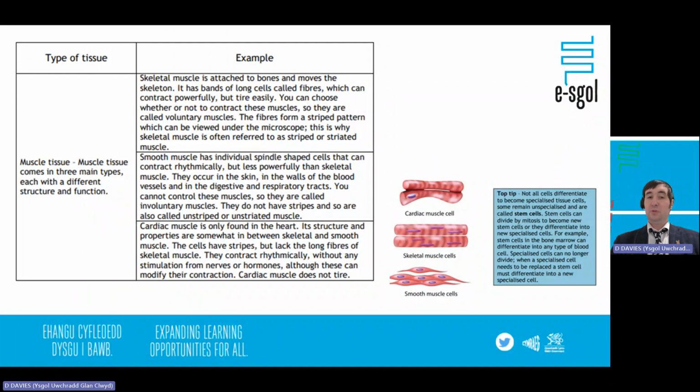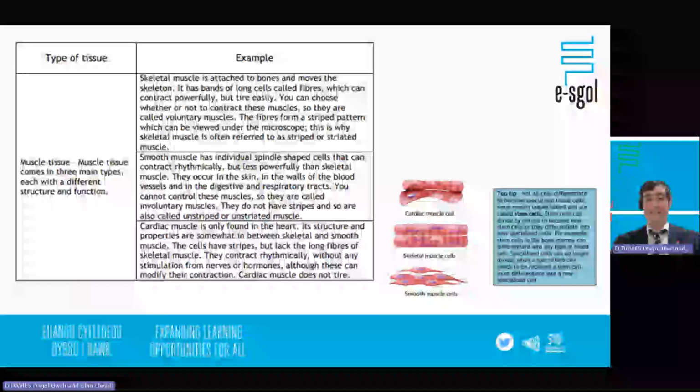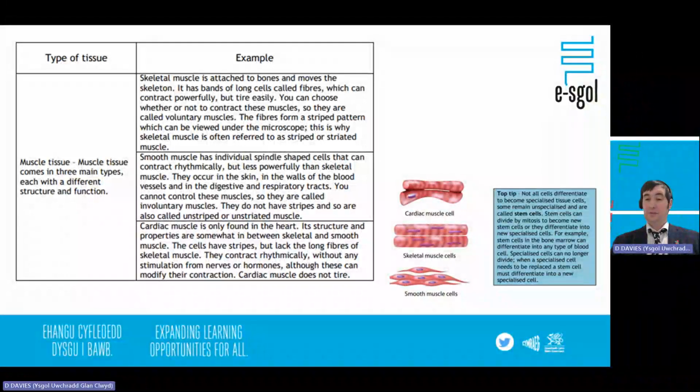Smooth muscle is individual spindle-shaped cells that contract rhythmically but less powerfully. They can be in the skin, walls of the blood vessels, digestive tract, things like that. And then cardiac muscle, obviously found in the heart. Cardiac muscle cells contract rhythmically without any external stimulation.